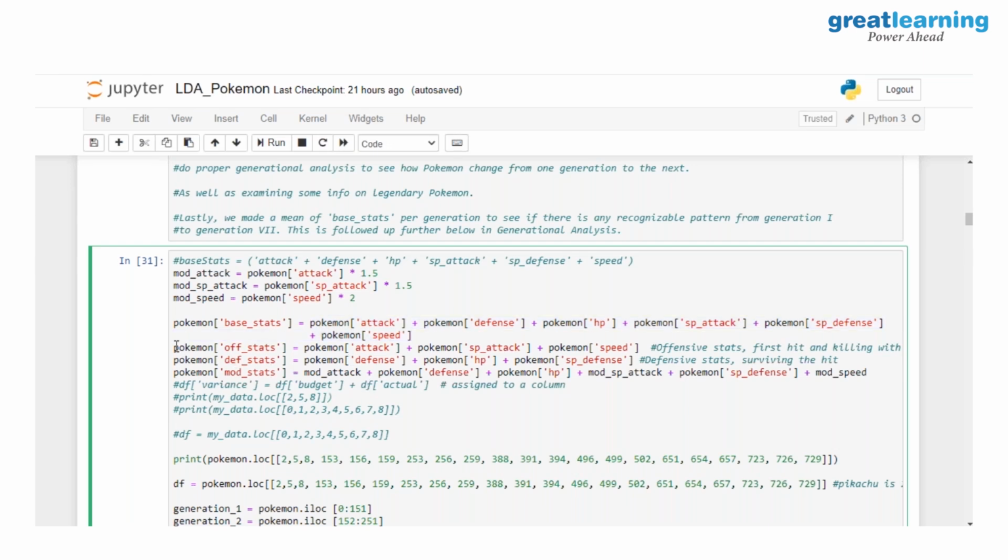We got the off stats, which is the offensive strategy. Now, for offensive, we have to consider more of an attacking characteristic. So you see Pokemon attack, the special attack, and the speed. These were considered for the offensive strategy. In case of defense, we were considering the Pokemon defense, its HP, and the specific defense strategy or the defense speed.